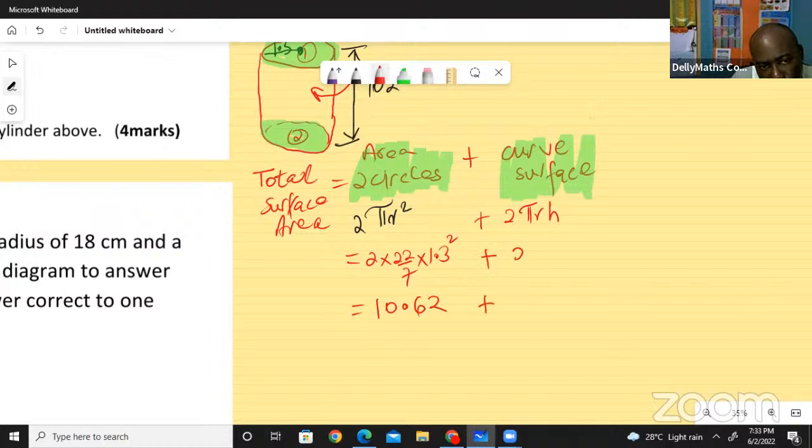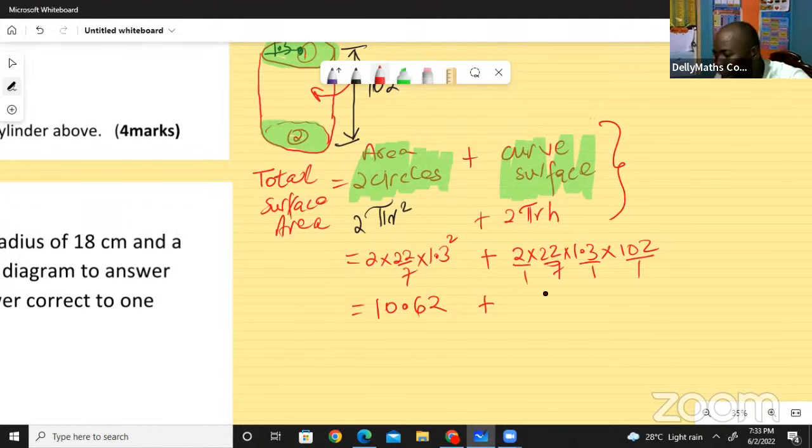Now this part is 2 times pi times r times h. That's just the formula. I am giving it to you. Memorize it, write it down, and use it. Let us check it on our calculator. 2 times 22 divided by 7 times 1.3 times 102.